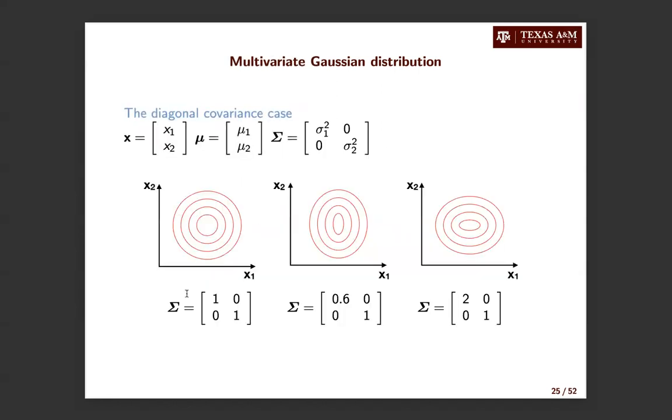So if we go to this example here that also shows the isocontours, for this first example, we see that we have two variables that have the same spread. Therefore, the corresponding covariance matrix will have the same elements across the diagonal. And we also see that in this second example, we have a larger spread across the x2 axis and a smaller spread across the x1 axis.